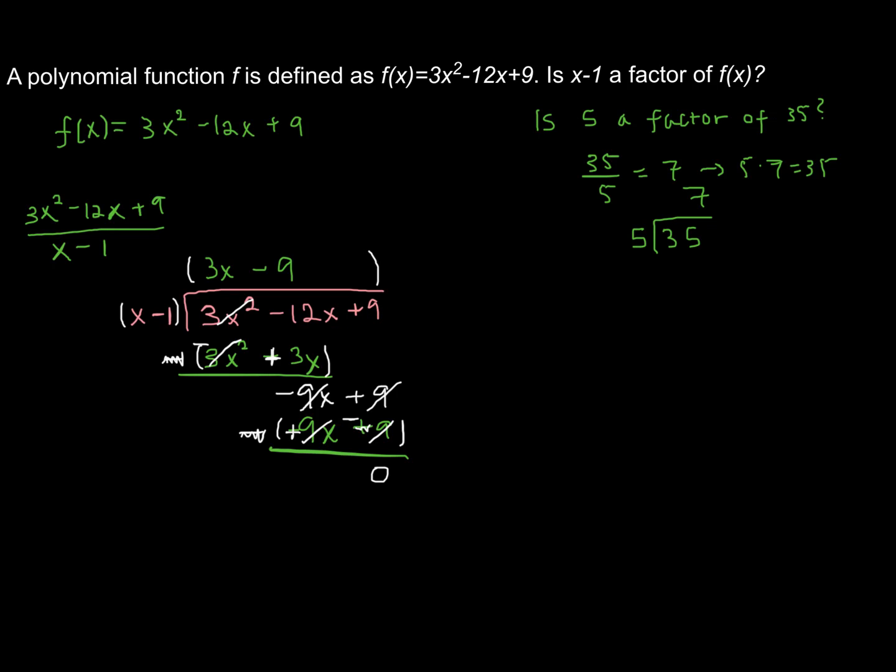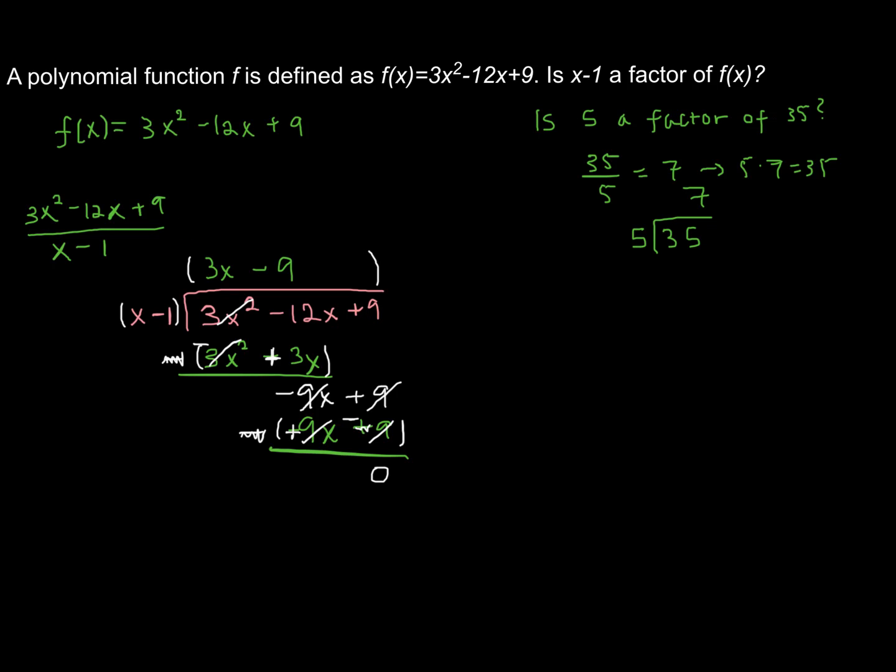Go ahead and try that just to make sure. X times 3x, 3x squared. X times negative 9 will be negative 9x. Negative 1 times 3x will be negative 3x. I combine that, which gets me negative 12x. And negative 1 times negative 9 will be positive 9, which is exactly what I wanted.